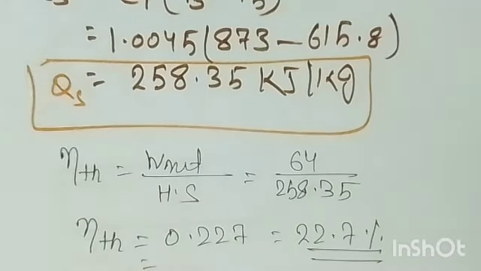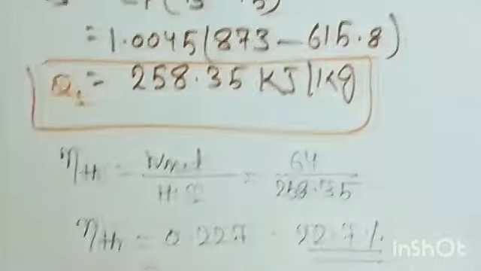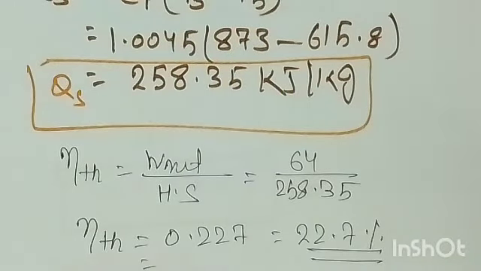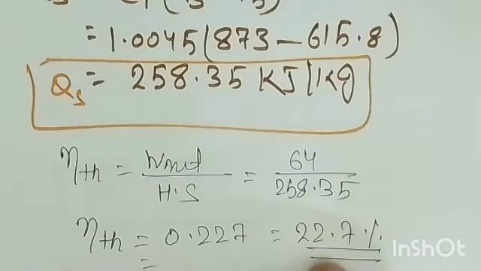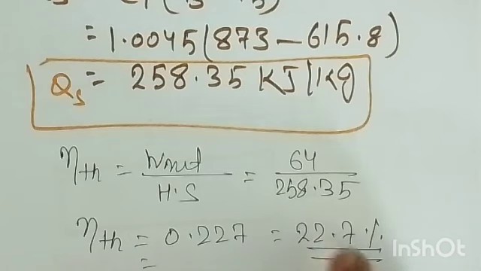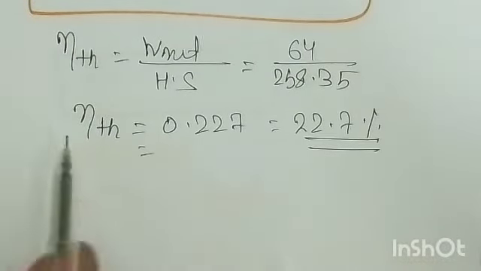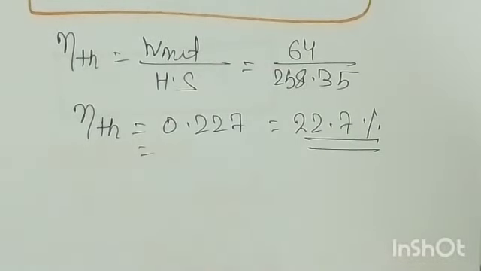If you compare, when the heat exchanger is perfect, the thermal efficiency of the plant is more, and when the heat exchanger is not perfect, some heat is lost, so the efficiency of the plant decreases to 22.7%, but with the perfect heat exchanger we got 27.8%. So there is a loss of about 6% efficiency in the case of the imperfect heat exchanger, right?